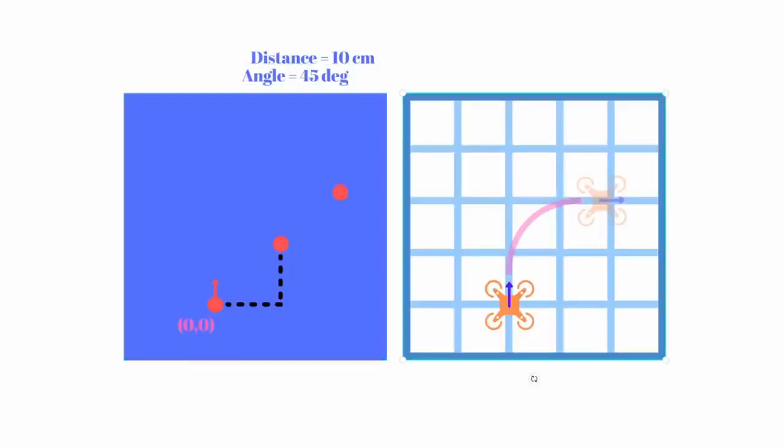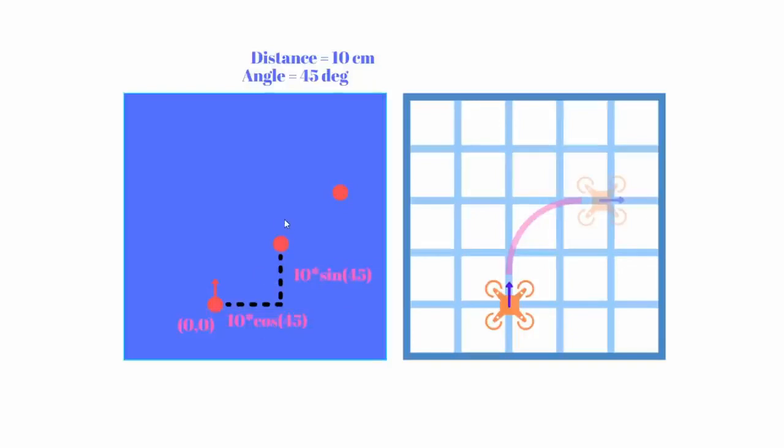So we can write the equation where d is your distance: d multiplied by cosine of 45, where d here will be the value of 10, and then d multiplied by sine of 45, where d is again 10. So this will be 10 multiplied by sine 45, which gives us the y coordinate, and the other gives us the x coordinate.